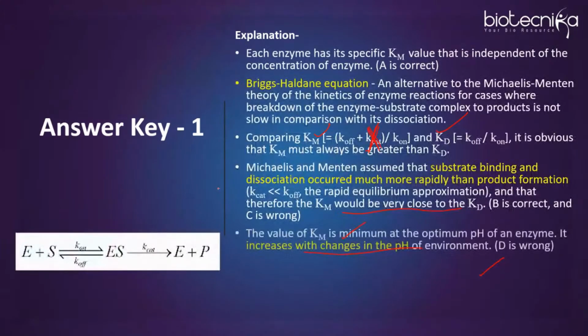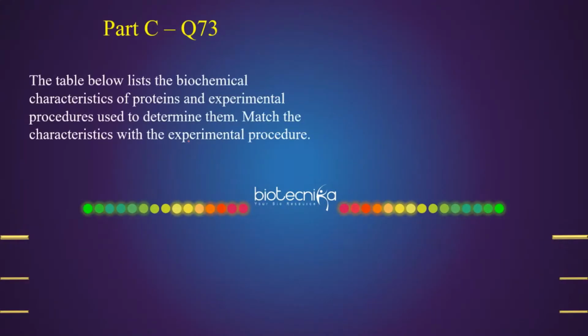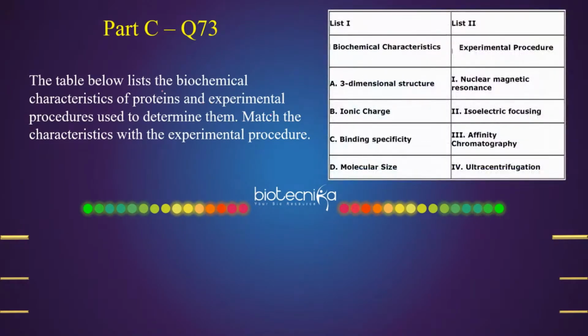Moving on to the next question, part C in shift 1. It was a simple question based on the biochemical characteristics of proteins and the experimental procedures used to determine them. Match the characteristics with the experimental procedure. Very simple. NMR is used for characterizing the 3D structure of proteins.